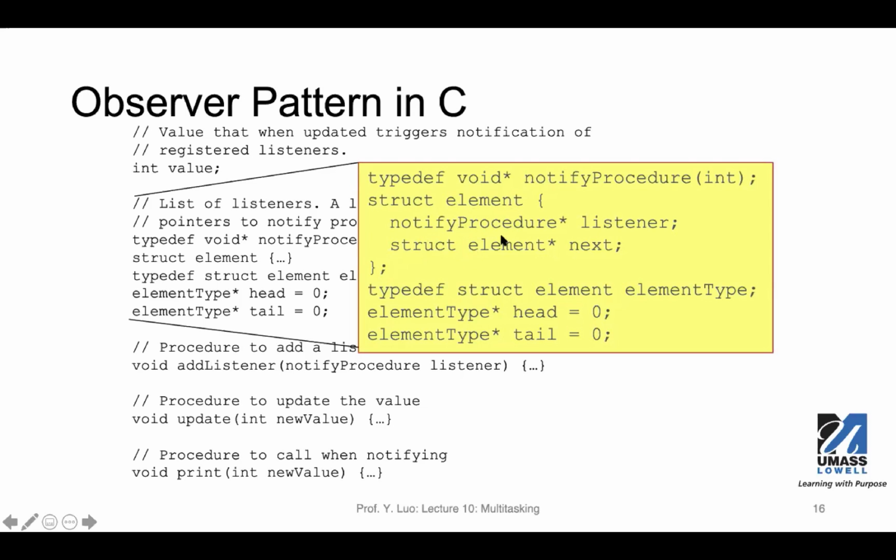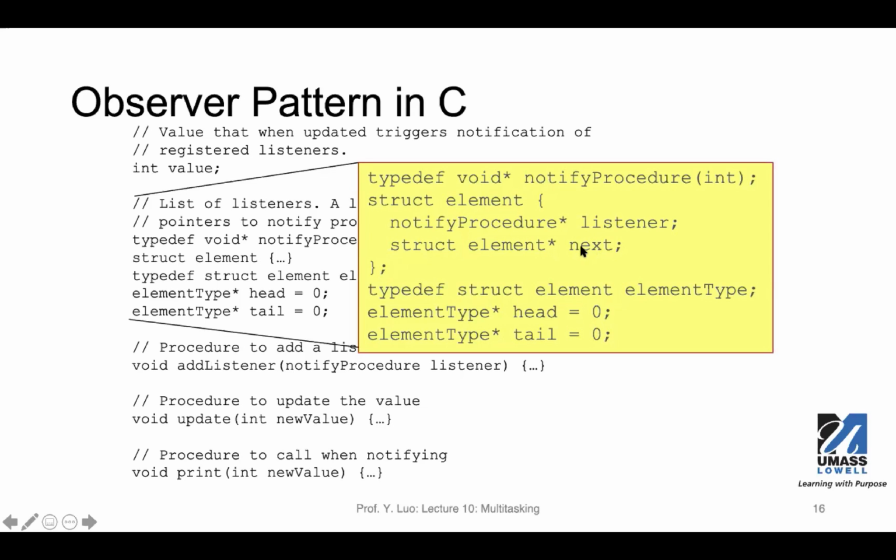What we have here as the element node, this notify procedure is the listener function. So we're going to initialize this as a function pointer, that's going to be of this type of function. And then we will use the next item in the structure to record the pointer to the next element.